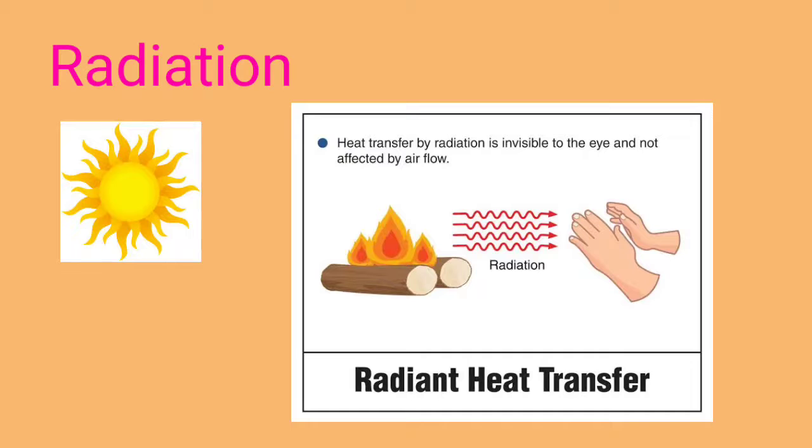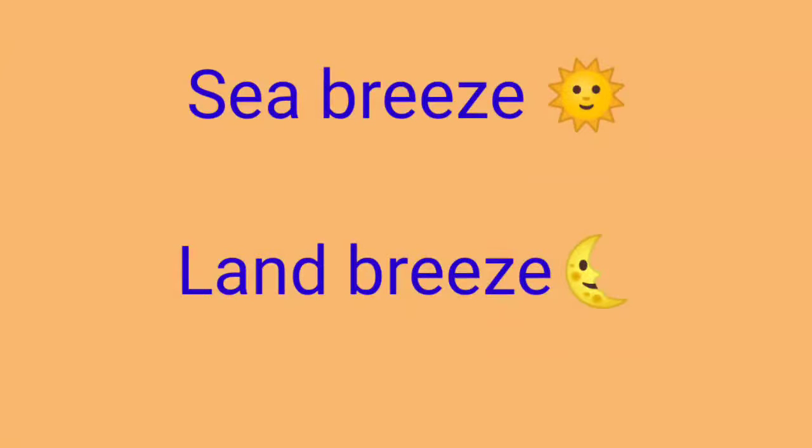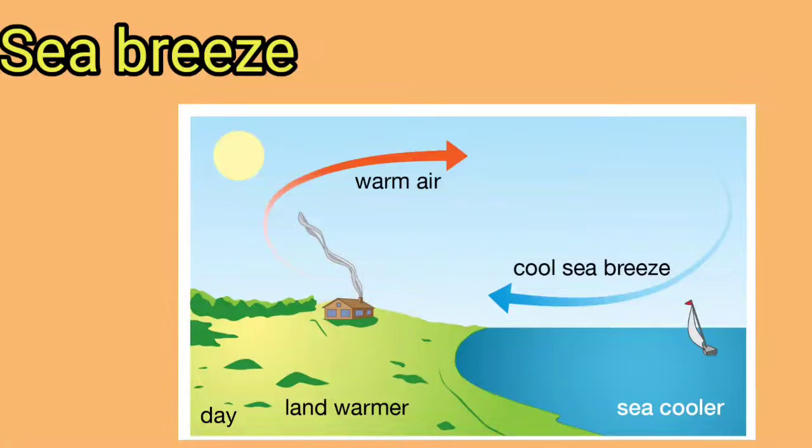Yes. Then we see two phenomena observed in coastal areas, that is sea breeze and land breeze. Sea breeze, what happens in the sea breeze? When the land air is heated up with the help of sunlight, it goes towards the sea side.